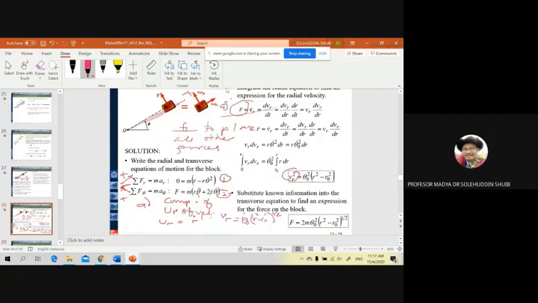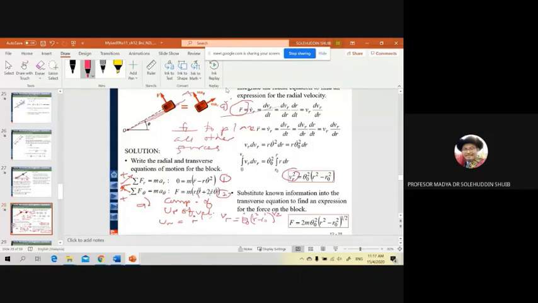Now we proceed to part B, where we want to find the horizontal force F. Part B, need to find the horizontal force. So what do we have here for horizontal force? What do we know?